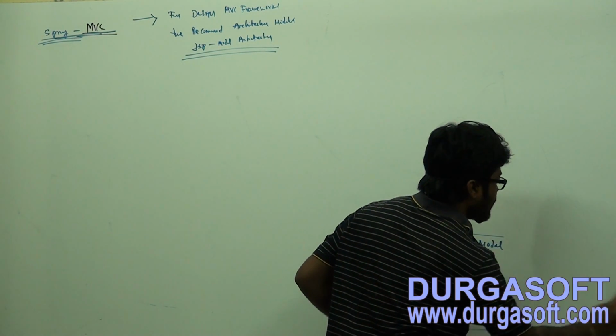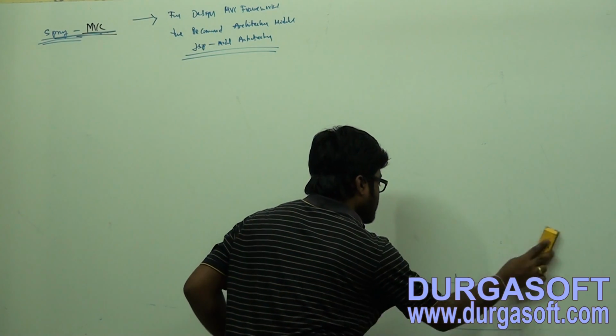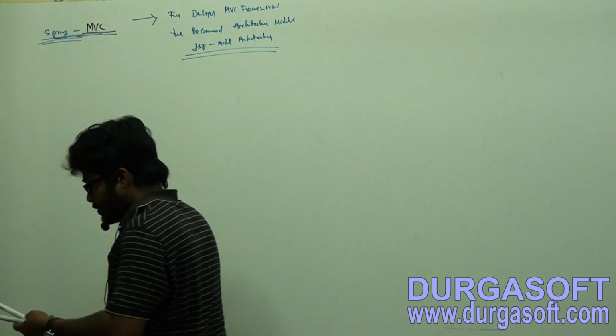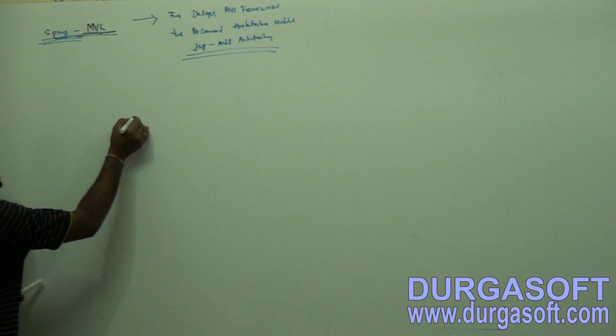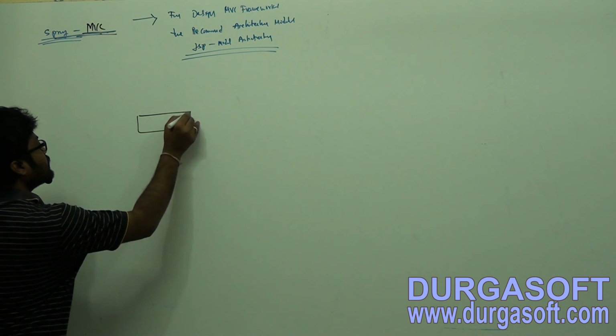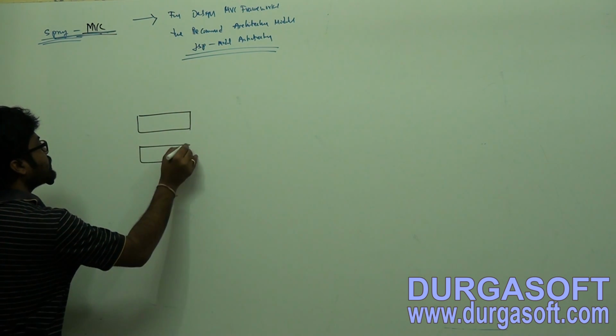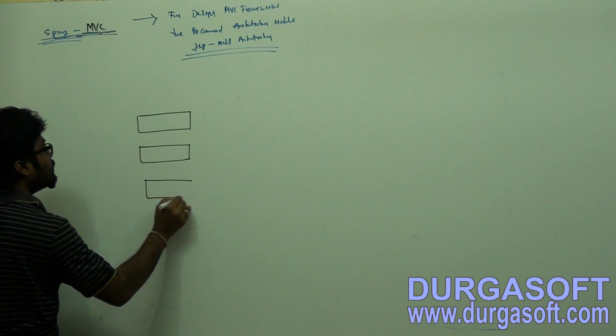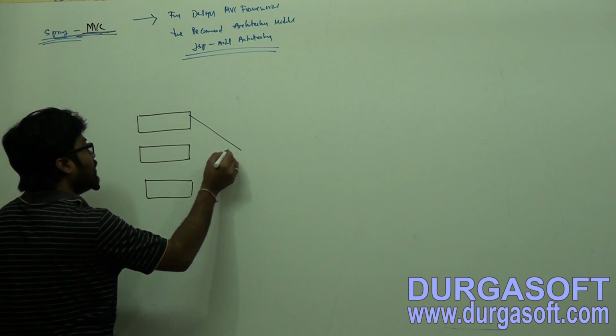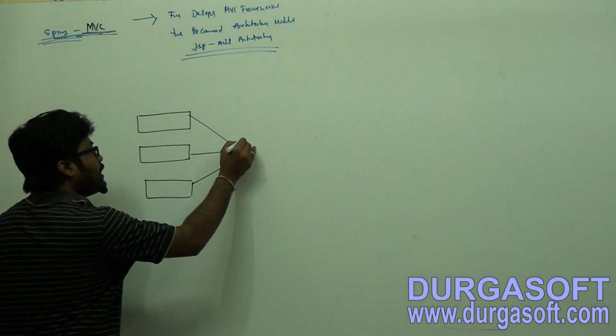As per JSP model architectures, requests for multiple views, multiple input pages, we need to handle by using only one single controller.